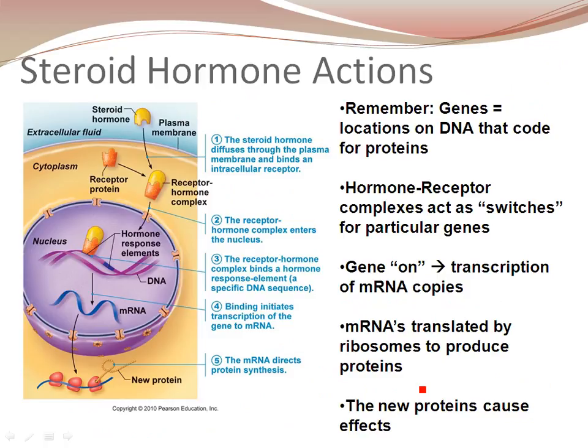Okay, so how does this happen? We're going to have to dig back into some of the previous things that you have learned about protein synthesis back in Biology 201.